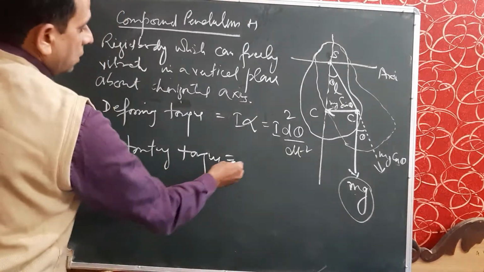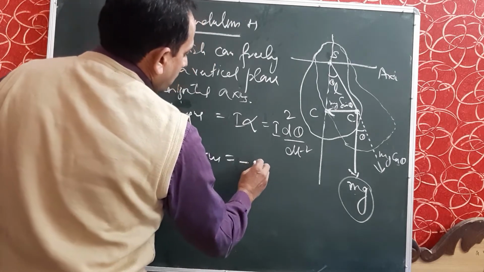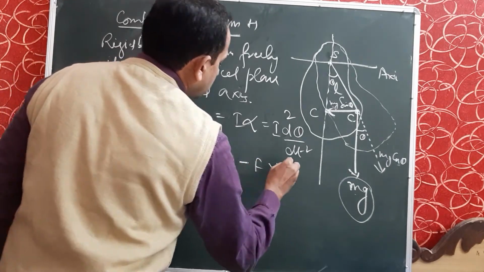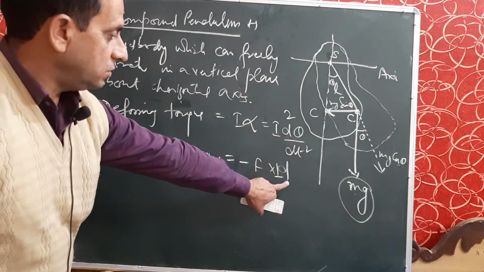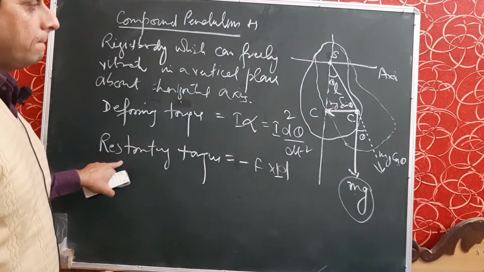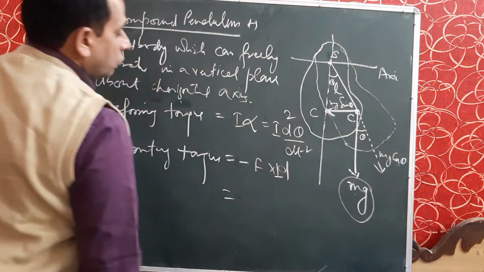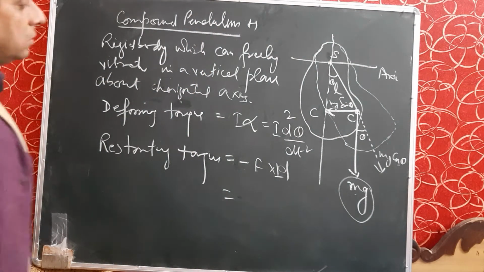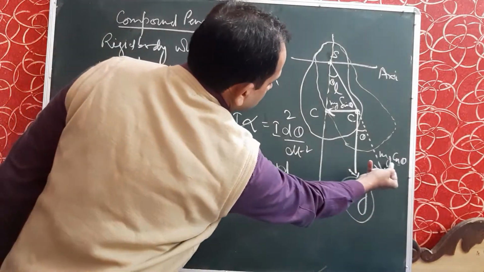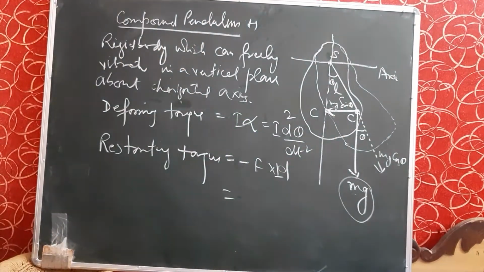So, restoring torque is minus force into perpendicular distance. You know that the formula for torque is force into perpendicular distance, and the minus sign is used for restoring because it pulls this oscillator back to its original position. So what is the force and what is this perpendicular distance? You may resolve this mg as mg cos theta and mg sin theta, or you may resolve this L as L cos theta and L sin theta.